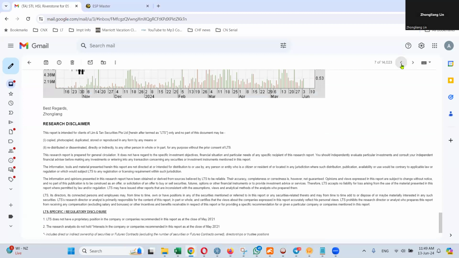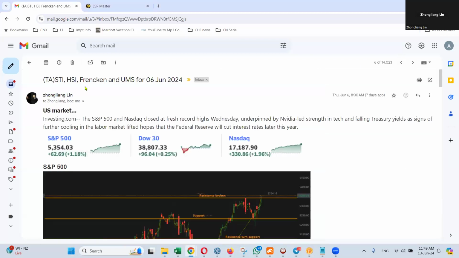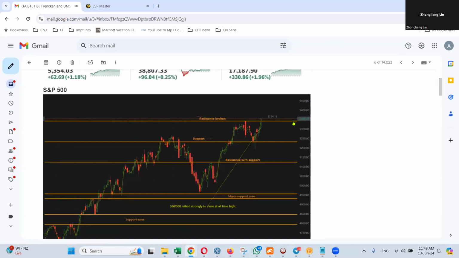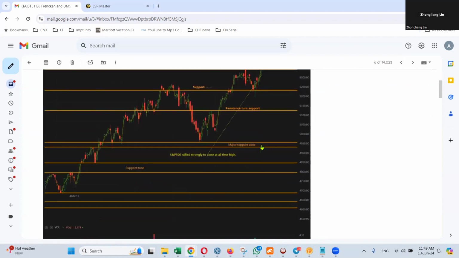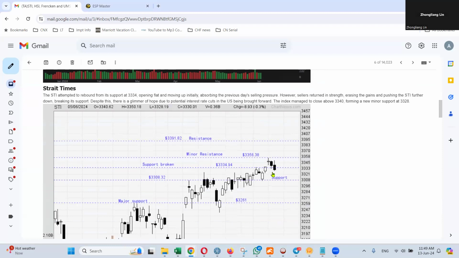Next will be Frencken and UMS. So you see, S&P 500 broke out from its resistance here. As I mentioned, you can see candle by candle the behavior of the index. And STI broke its support. This is the first sign of weakness because if the index is bullish, it should not break support.